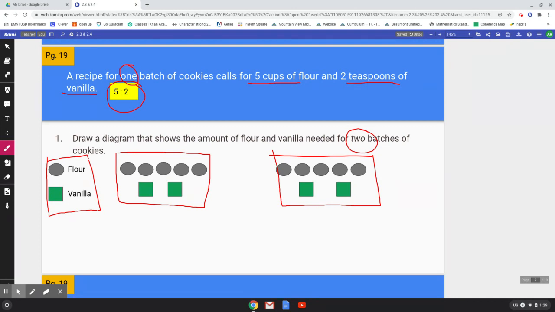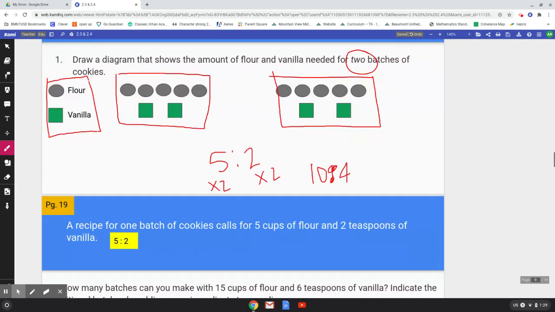If you take the ratio of 5 to 2, really what I'm doing is multiplying this by 2 and this by 2. So 5 times 2 is 10. 2 times 2 is 4. Sorry, those should be dots. So your ratio, if it were to be doubled, would be 10 to 4 because it says 2 batches.